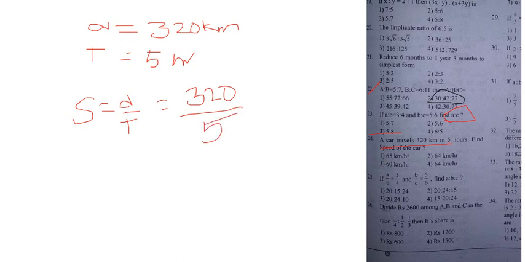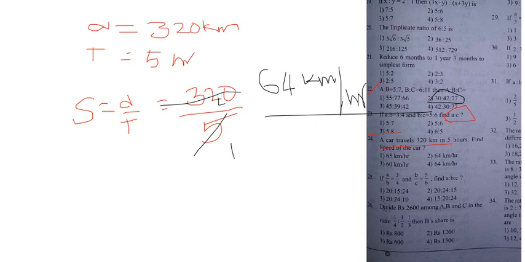Now cancel it. 5 table, 5 6s are 30, remains 2, 5 4s are 20. Now this is the speed, na? Kilometer per hour is your answer. Where is that? Here option B and 4, these two are the same option they gave, but I think they made a mistake. You can select any one.